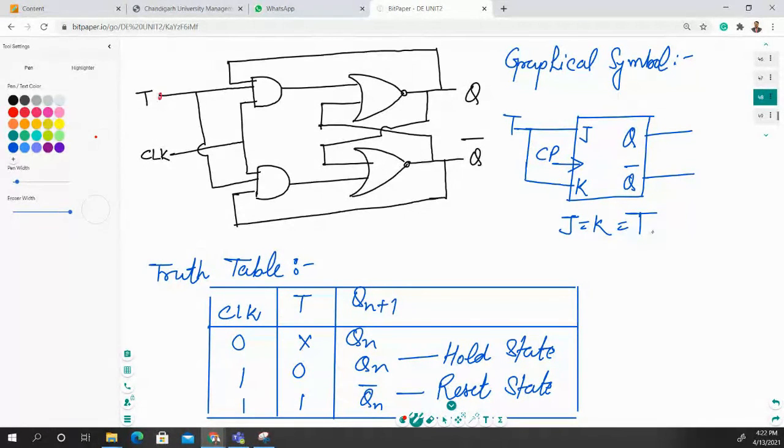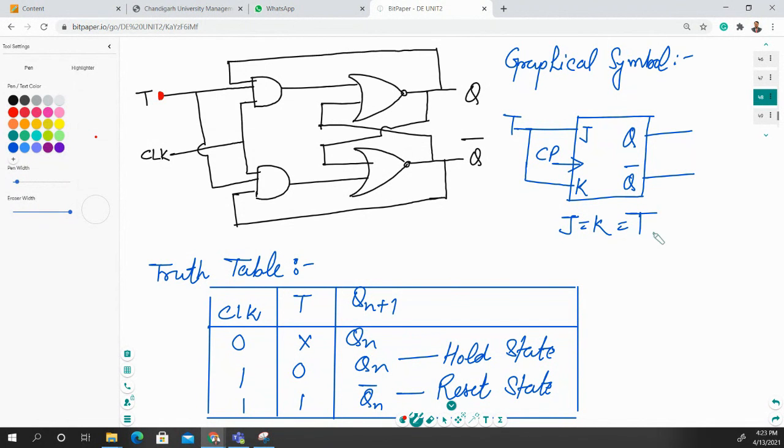We are using only one input, which is T, and that input is provided to both of these AND gates, and you will get output accordingly. So this is the graphical representation of your JK type of flip flop with the help of T input, and it will give you the output for the truth table.